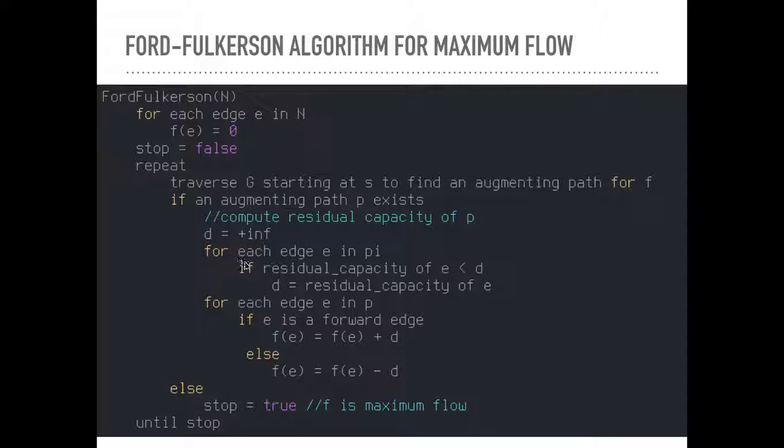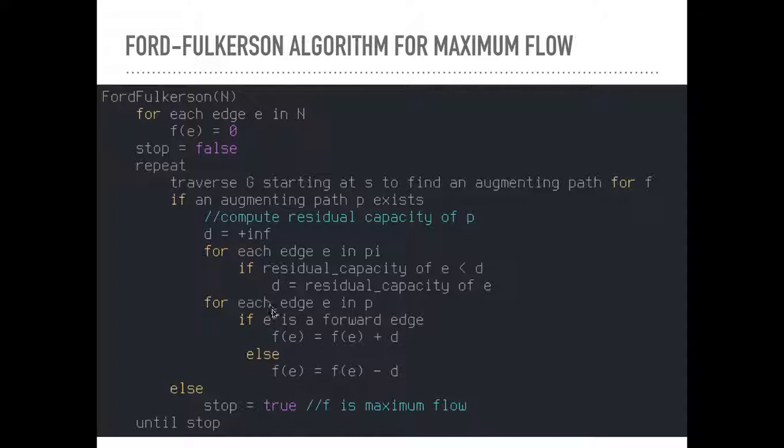For each edge in the path, where Pi and P here are the same thing, it's the path, if the residual capacity of the edge is less than D, less than positive infinity, then D is newly assigned to the residual capacity of E. So we're getting the minimum residual capacity of those.